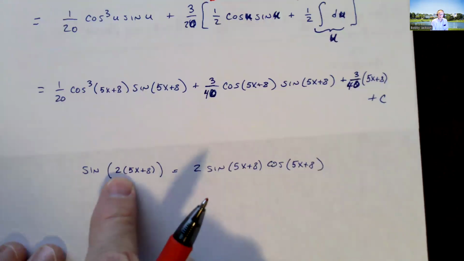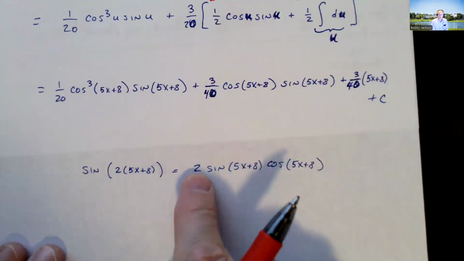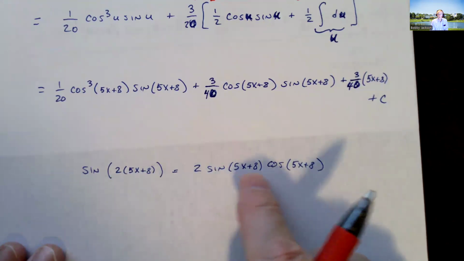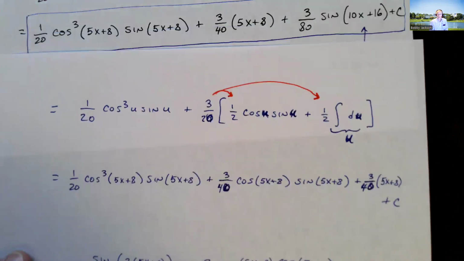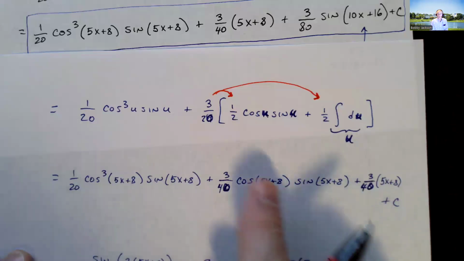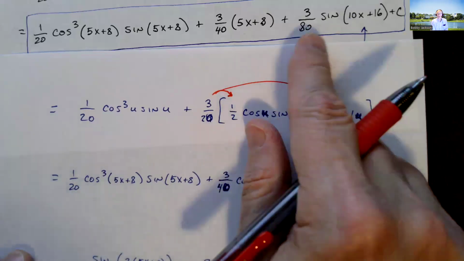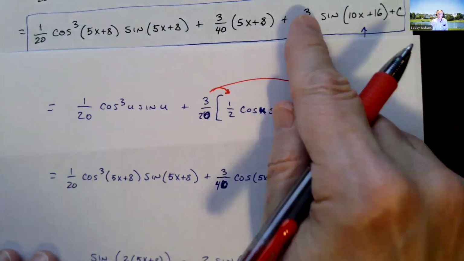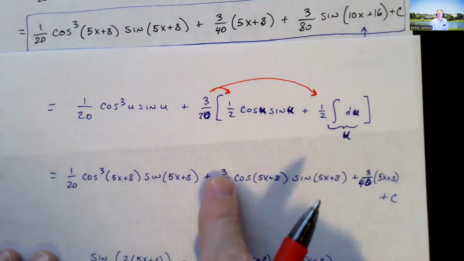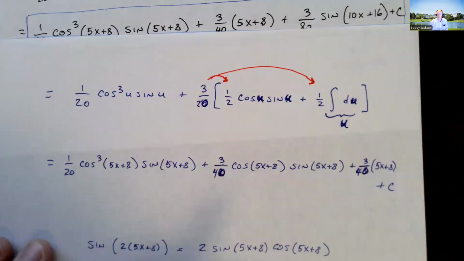So sine of 2 times 5x plus 8 is 2 times the sine of 5x plus 8 times cosine of 5x plus 8, by that double angle formula. Because of that, this part right here is exactly equal to this part right here. You can see that's the case. When you put the 2 there, the 3/80ths times 2 gives me the 3/40ths cosine of 5x plus 8 times sine of 5x plus 8.